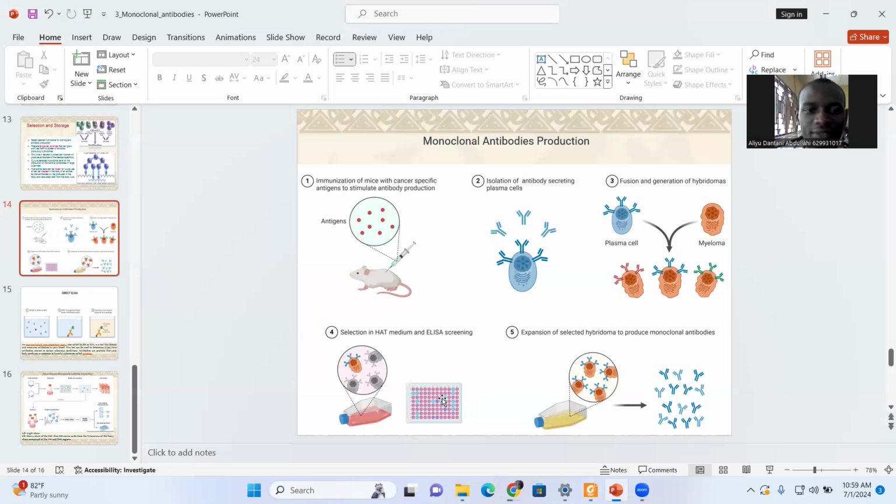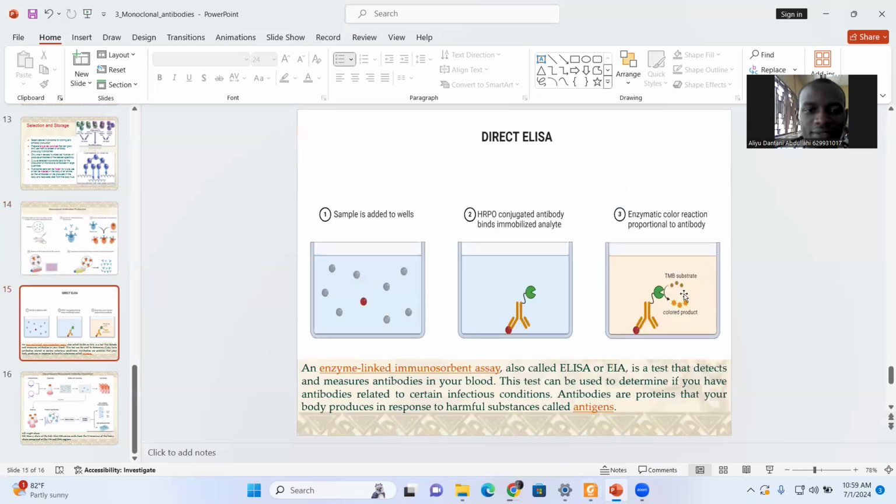And then you create 96-well plates and run a reaction. So the antibody is placed in a well, right? And then the conjugated antibody binds the immobilized analytes. You now use an enzyme to detect the presence of the production of that antibody.